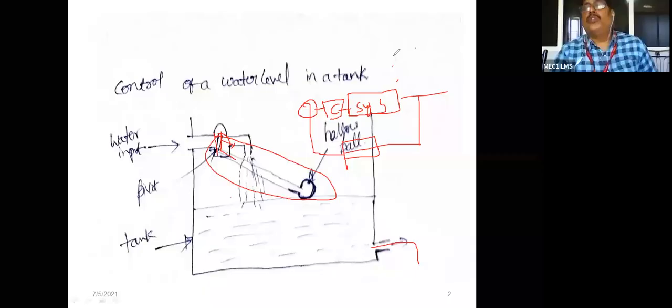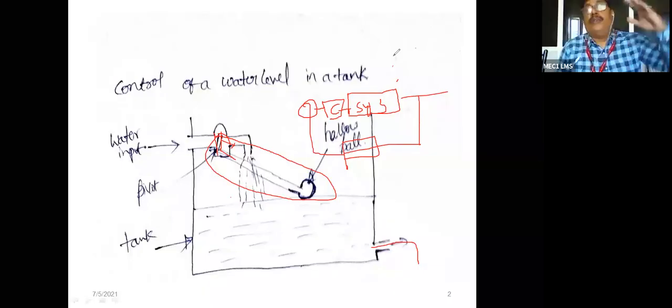To avoid all these things, you have to arrange a system, that is, an automatic control system. Whenever the level in the tank reaches the desired level, the motor automatically switches off, cuts off, and whenever the level drops down to some particular height, the motor automatically switches on. This takes place repeatedly.